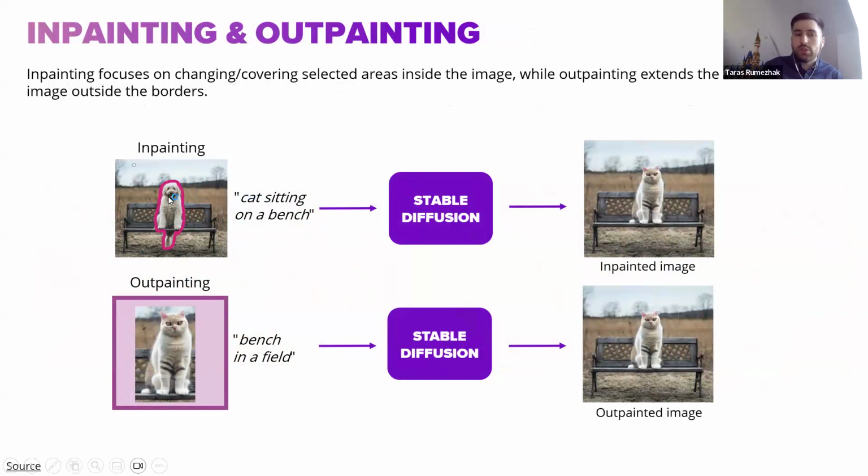We just select the dog, we type the prompt cat sitting on a bench, and with this extension, we can replace the dog with the cat. And outpainting is when, for example, imagine that this is the original image, we start with the cat, and we want to add a bench in a field, and it will extend the original image for this. While it may sound easy and just for fun, it actually has a lot of business use cases.